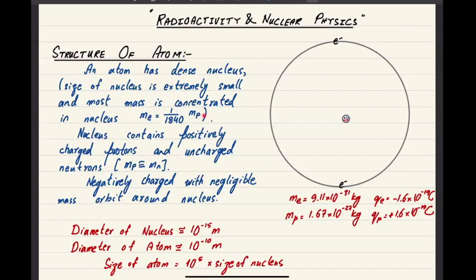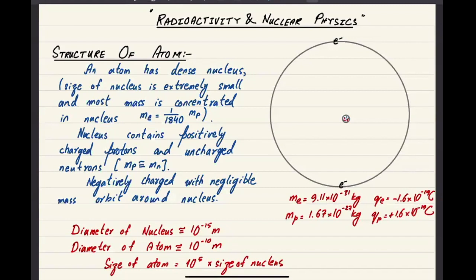In simple words, if you could make a very small physical balance and try to balance electrons and protons on two sides, you would have to put approximately 2,000 electrons to balance either 1 proton or 1 neutron. This is just to give you an idea of how massive protons and neutrons are in comparison to the electron.